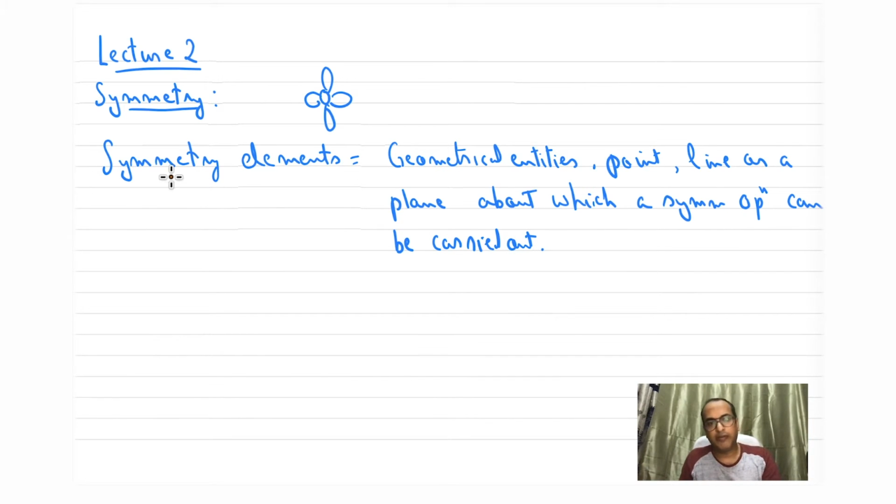You can see, while defining symmetry elements, we also have to invoke the term symmetry operation. You cannot define a symmetry element without a symmetry operation. When you are defining a symmetry element, the term symmetry operation comes, and similarly when you are defining a symmetry operation, symmetry element will come.